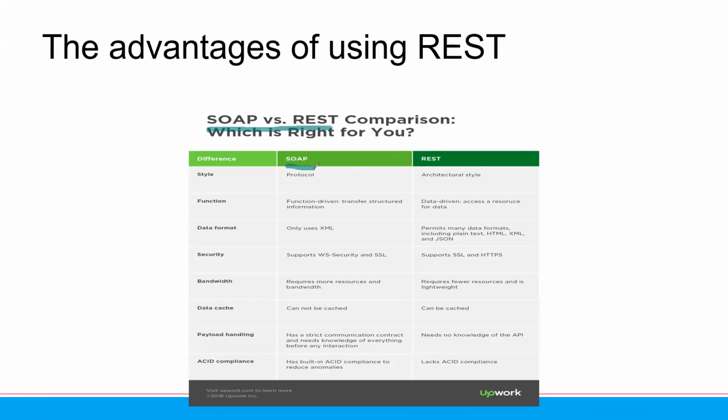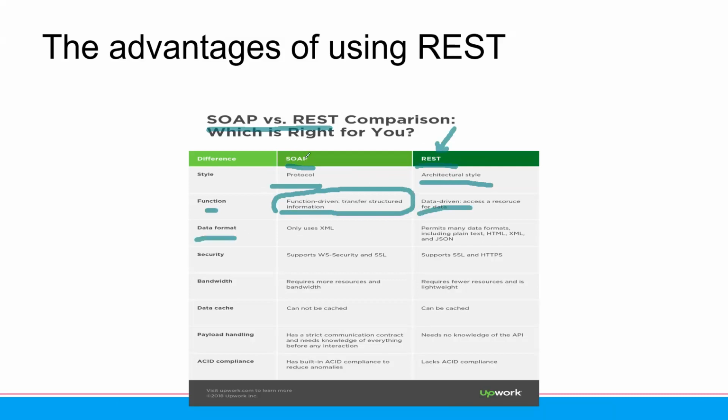SOAP is a kind of protocol, but REST is more of an architectural style. And for the function, SOAP is more function driven. I didn't explain in detail, but it is just for your information. The REST API is more data driven.